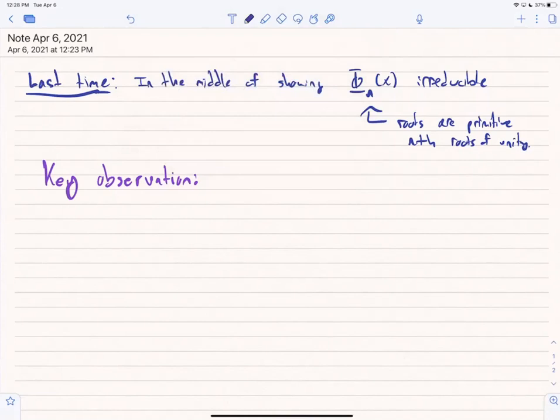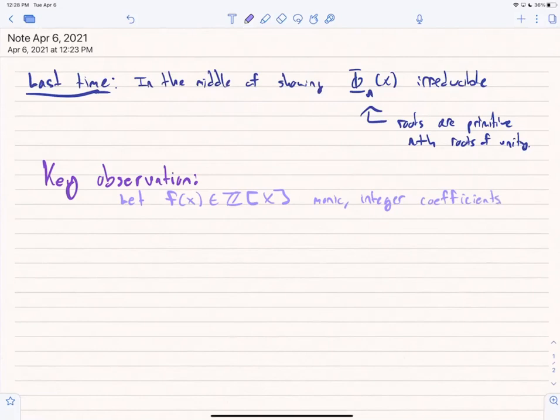Let f(x) be a monic polynomial with integer coefficients. I'm not going to assume it's irreducible. Say it has degree n, and I will assume it's separable.